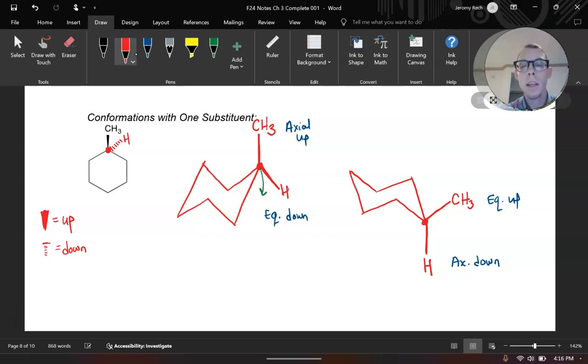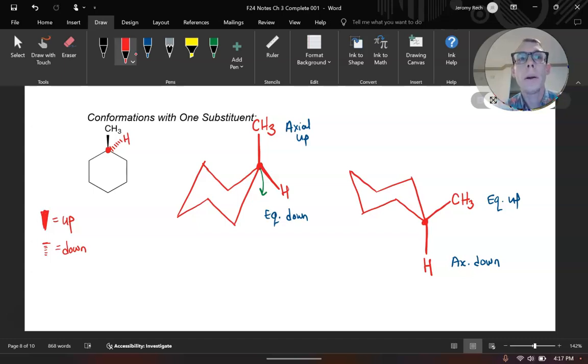And you'll notice my CH3 is up in both of those. The chair flip just moved it from axial to equatorial, and my hydrogen was down in both of them. It was originally equatorial down, and now it is axial down. So we keep the same direction. Our stereochemistry, which is defined by our starting material, stays the same; all we're doing is putting it in a different position, axial versus equatorial. And we're now going to compare those two in terms of stability.